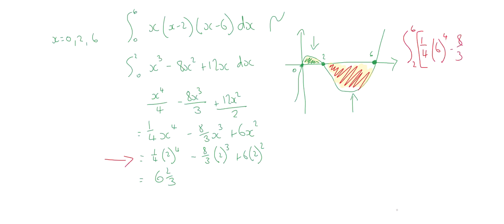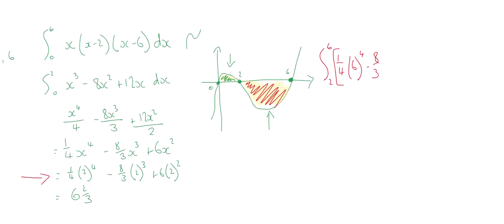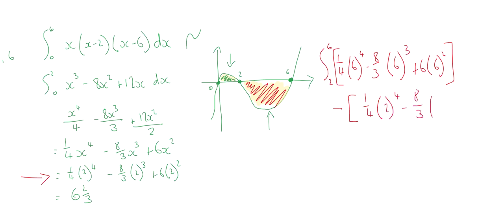Let's move over because we do not have enough space. Okay, 8/3 times 6 cubed plus 6 times 6 squared. And I'm going to subtract all of that again. 1/4 2 to the power of 4 minus 8/3 2 cubed plus 6 times 2 squared.